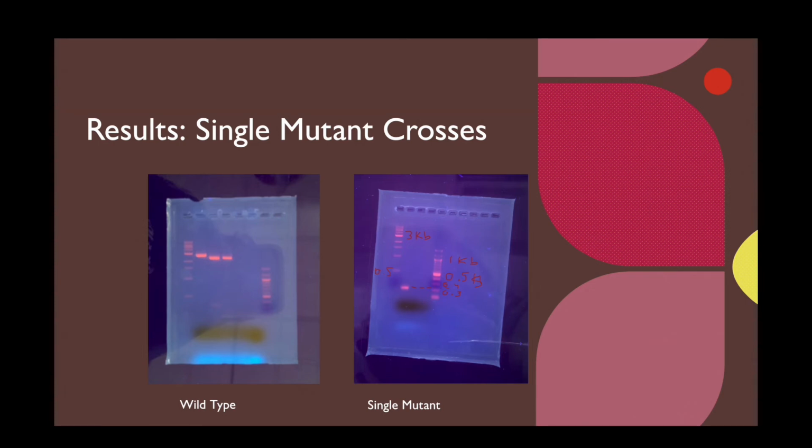We originally hypothesized that the flies would follow Mendelian inheritance patterns. However, based on our results from the gel electrophoresis and from the crosses, our data did not support this hypothesis. However, this could be due to possible errors that occurred during our experimental process. For example, flies could have been sexed incorrectly.